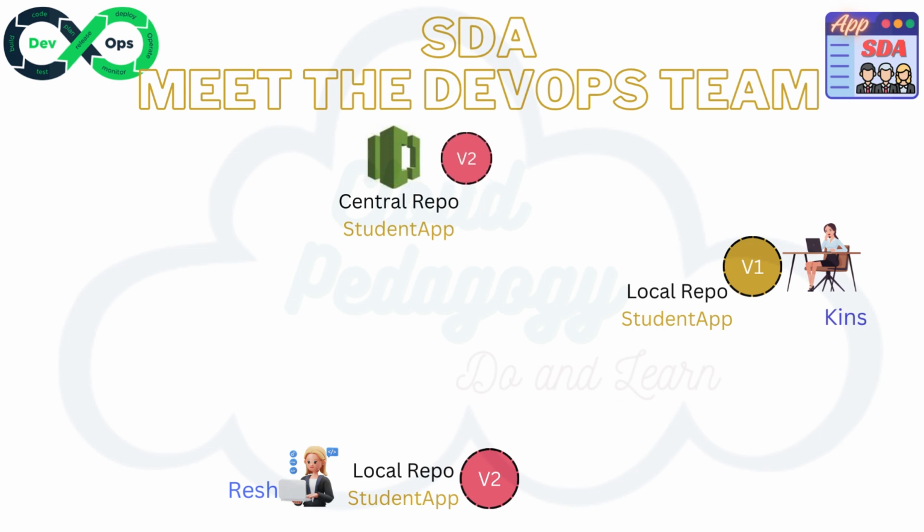So what Kins needs to do is issue a pull command. Pull is used to fetch and download content from a central repository and immediately update the local repository to match that content. With pulls, it is important for our team to do this periodically, maybe at the beginning of the day or end of the day. Notice that our version locally changed to version 2.